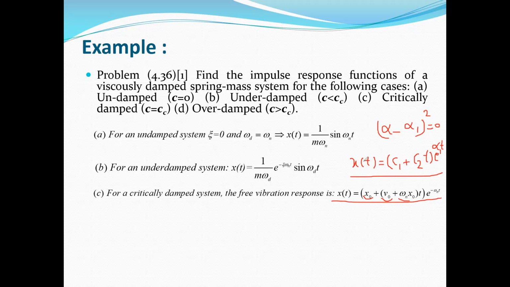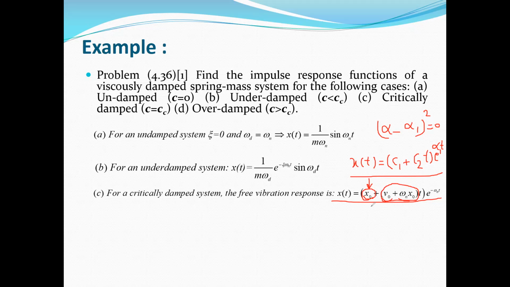And then we can use the initial conditions. At t equal to 0, x must be equal to x naught, and at t equal to 0, x dot, or the velocity, must be equal to v naught. So from these initial conditions, we can extract c1 and c2 as functions of x naught and v naught, where c1 is in fact x naught, and c2 is equal to v naught plus omega n x naught.